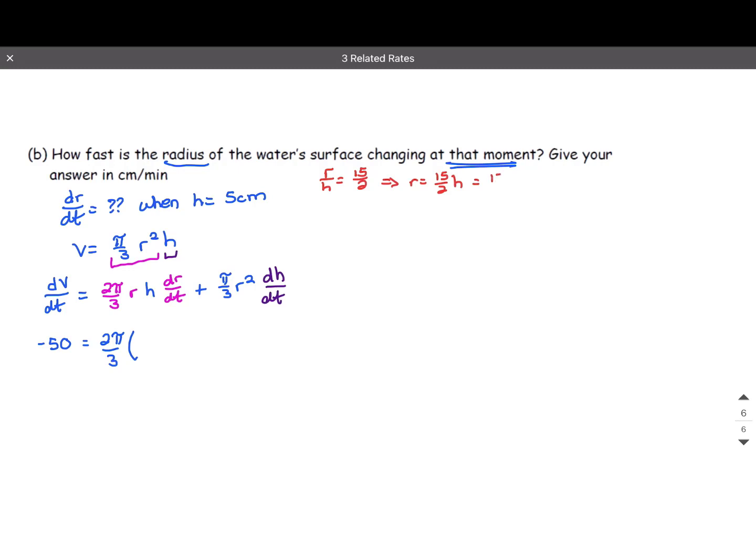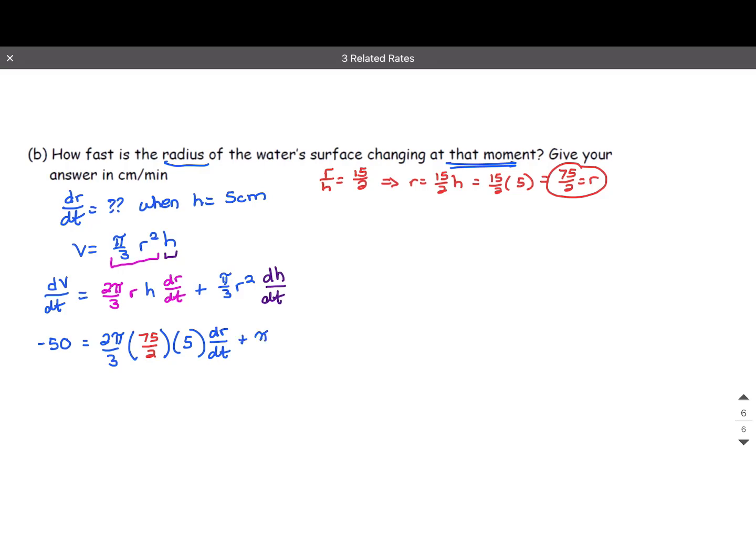And we know that h, in this case, is 5. So 15 times 5 is 75 over 2, which is the r for this part of the problem. So I'm going to put in that 75 over 2. h is 5. dr/dt is what we're looking for.